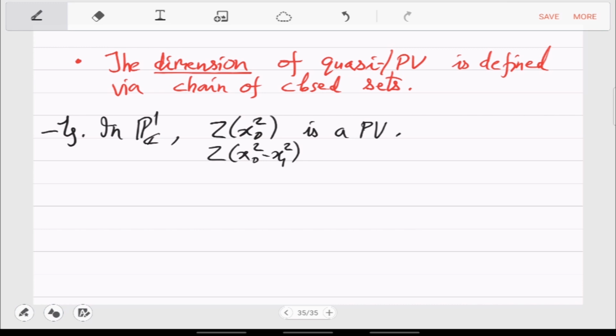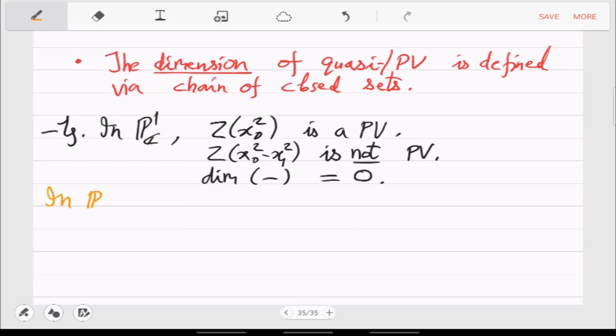The second one had 2 points, dimension 0, but it cannot be irreducible, right? It factors into 2. So this is not a projective variety. It's just a projective closed set. Variety is a special property. Dimension of both these things is 0. These are finite objects.